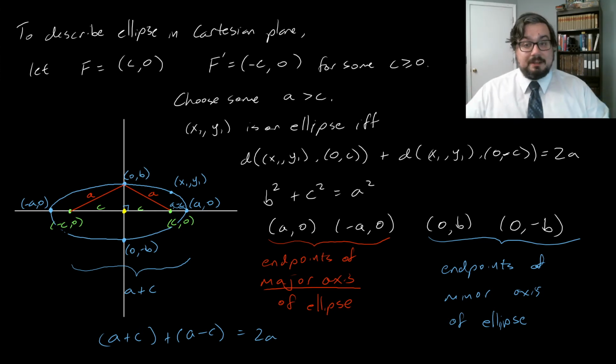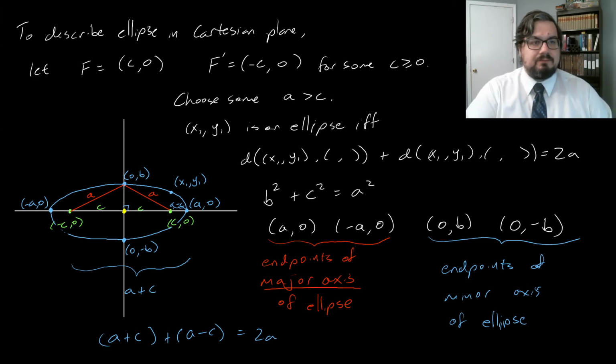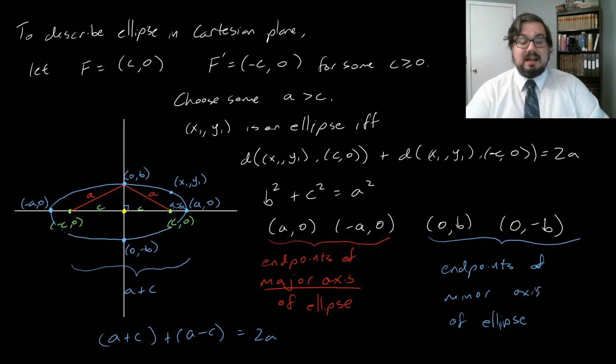Sorry about the confusion there. With that corrected, and let's correct this condition here, we want the distance to c comma 0 and negative c comma 0.